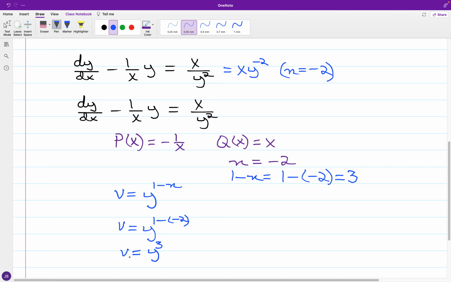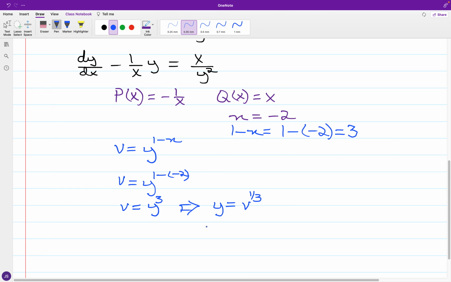Putting this equation in terms of y, essentially taking the cube root of both sides, we have that y is equal to v raised to the 1/3 power.